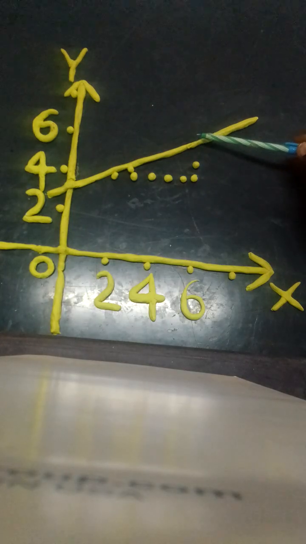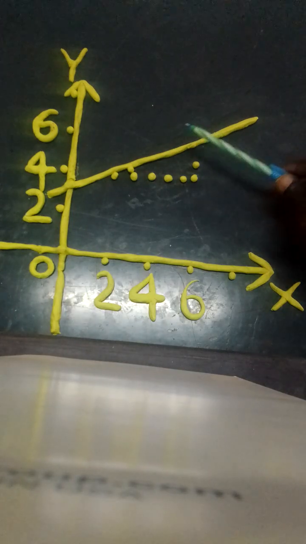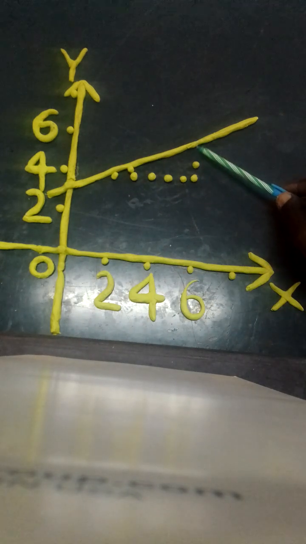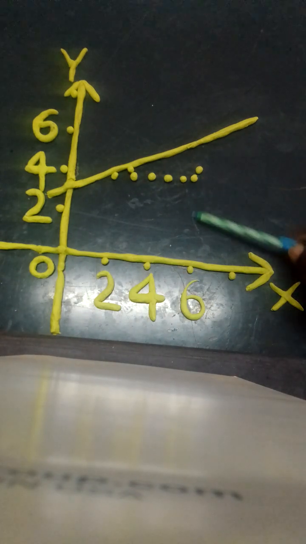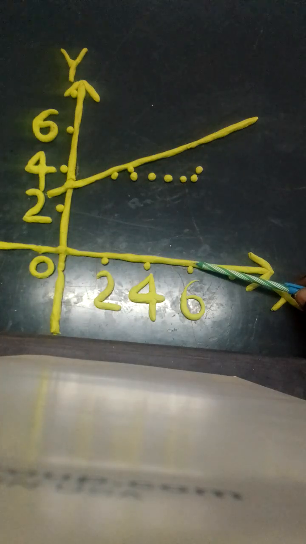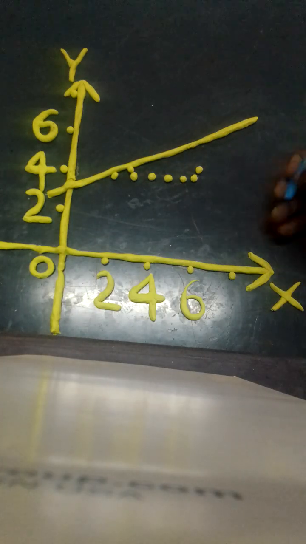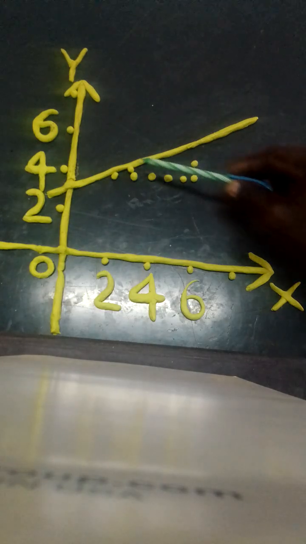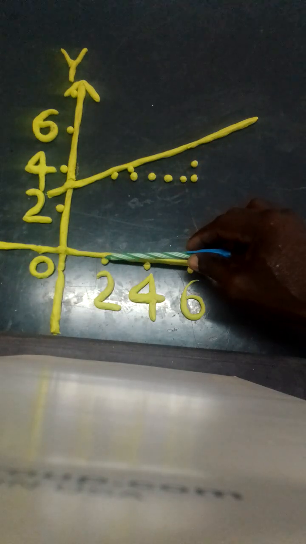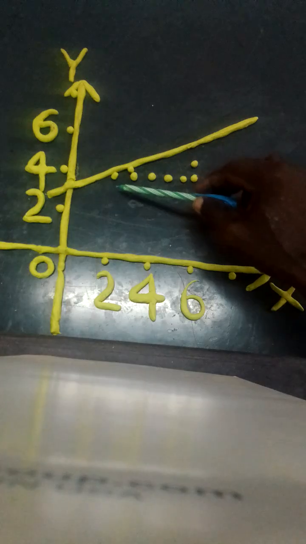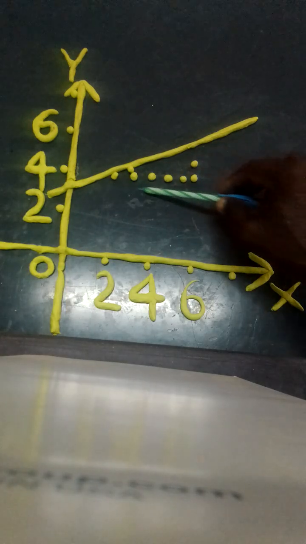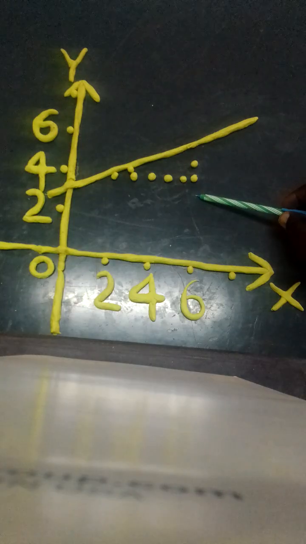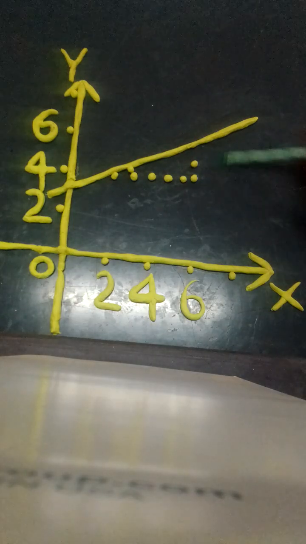Now the change in x is, in this portion, the second value of x here. What is x at this point? It is 6. And then the first value of x is 2. Along the x-axis, we are moving in the horizontal, and along the y-axis, we are moving the vertical.